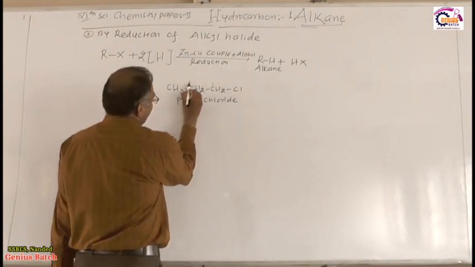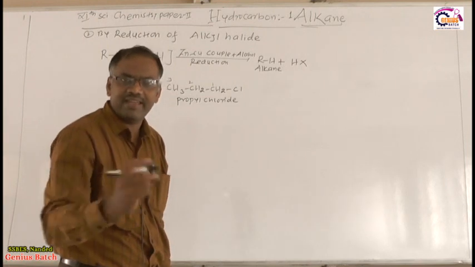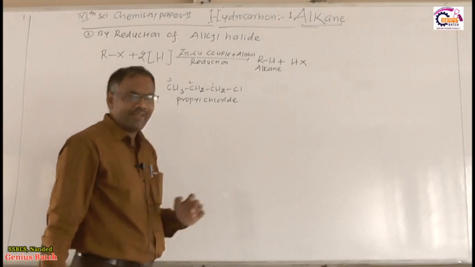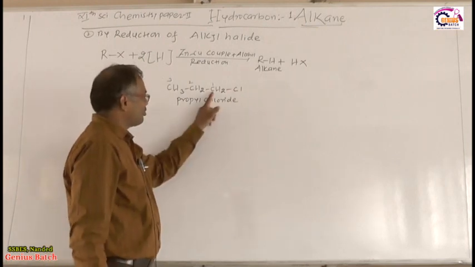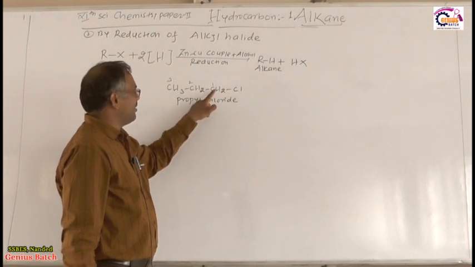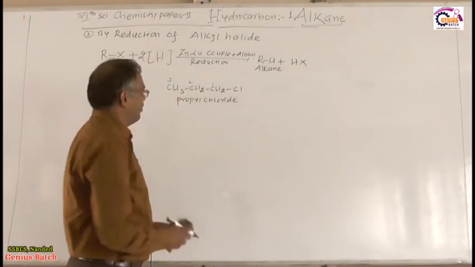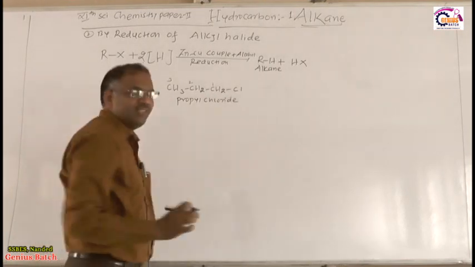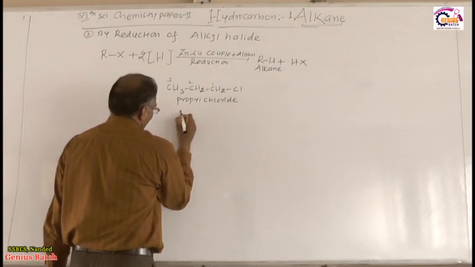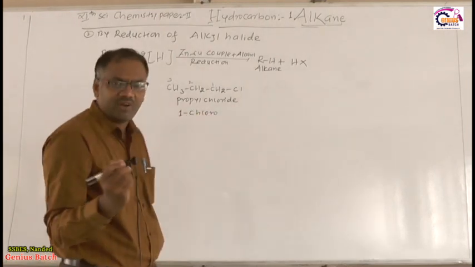Numbering should start from that carbon atom in which the halogen atom is present. So the numbering should start from this carbon, because the halogen is attached to this carbon: 1, 2, 3. At which carbon is the chlorine present? At carbon one, so you write 1. Then first write the name of the functional group.